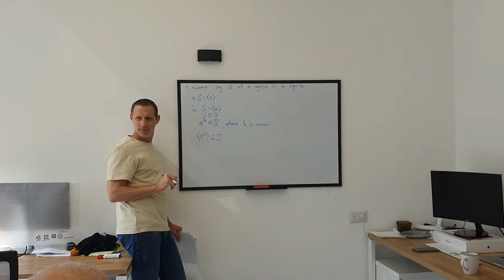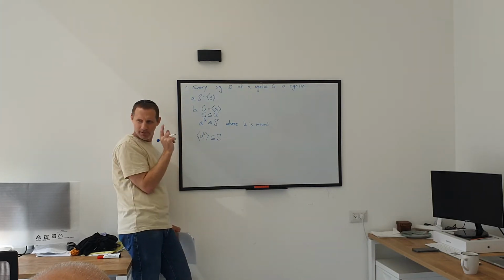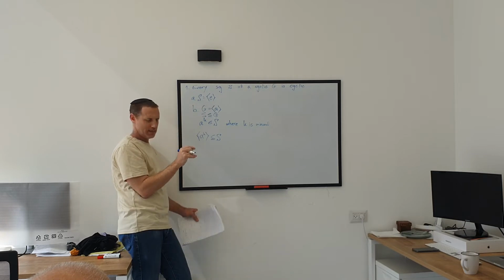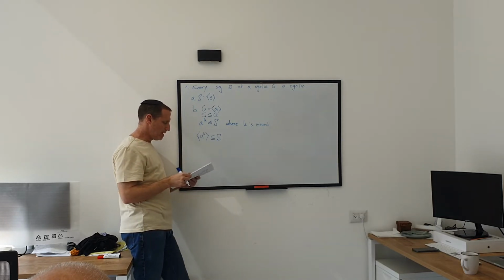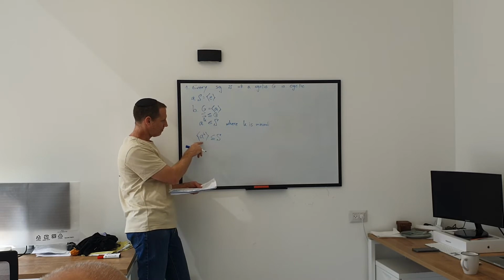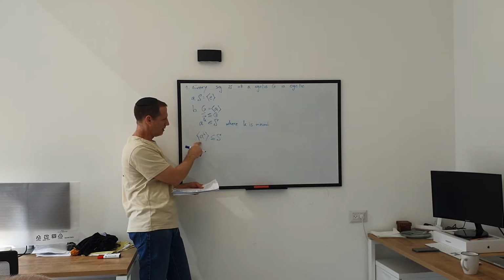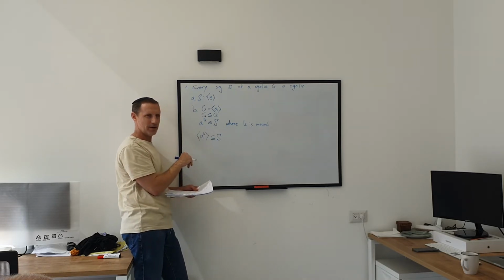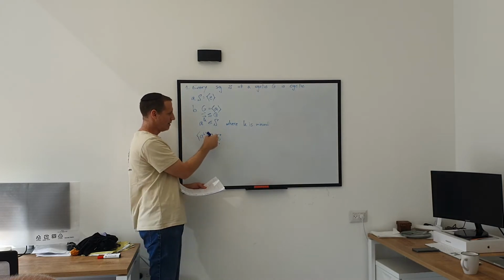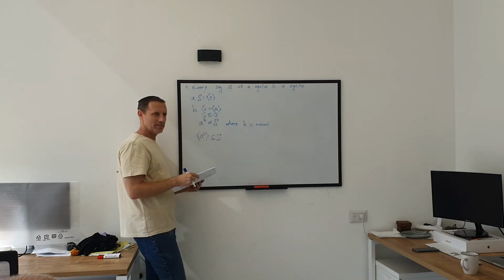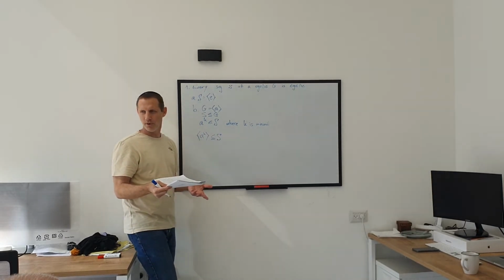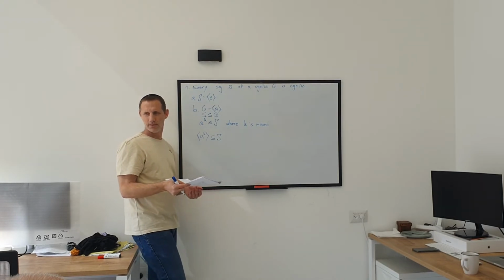Not A to the power of K, K. And then if I generate a cyclic group based on A to the power of K, then it's definitely at least a subgroup of S. Okay.